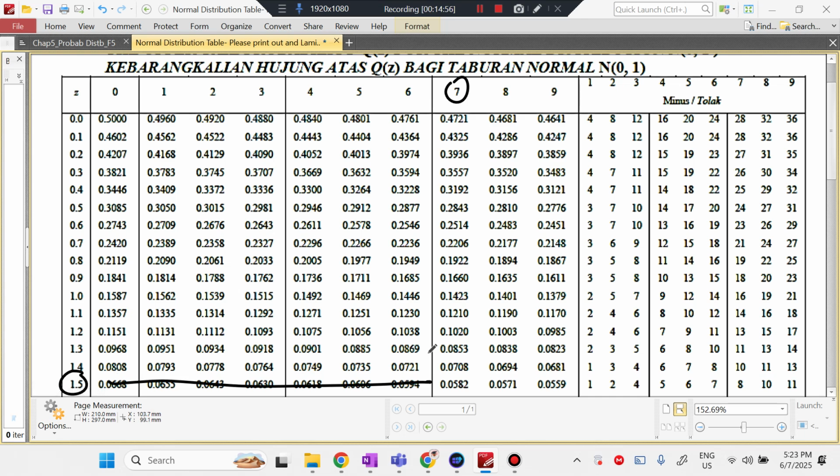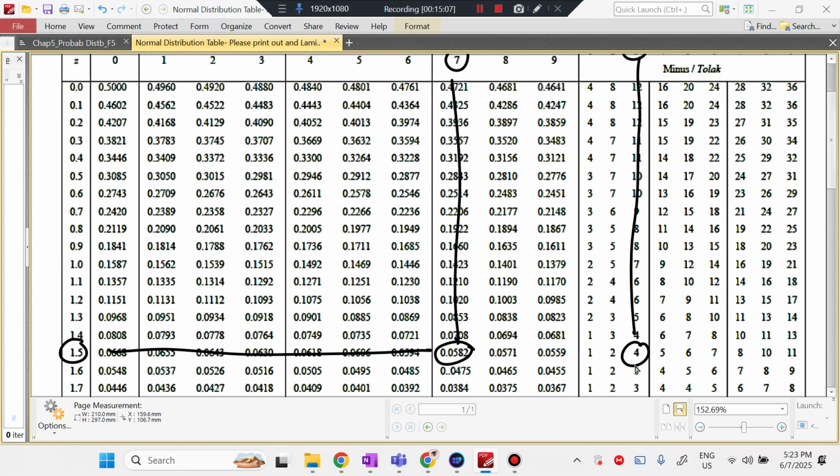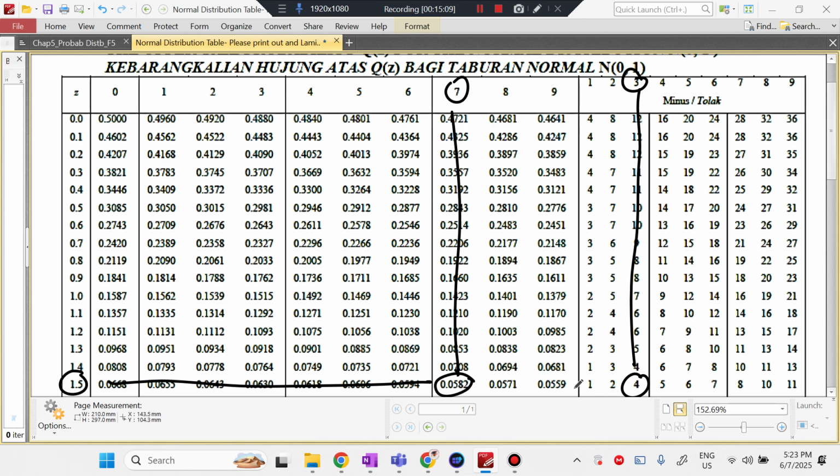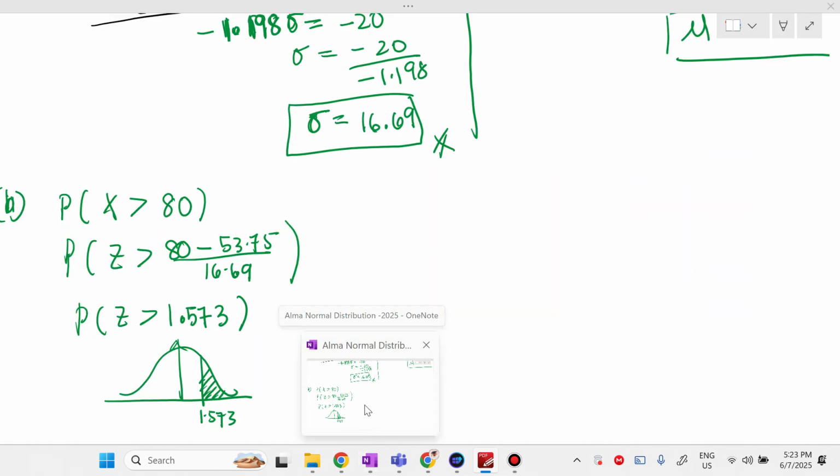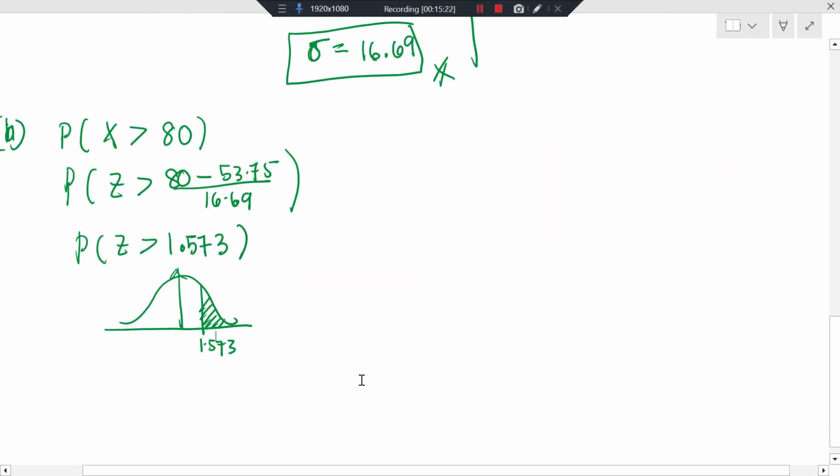Okay, 1.57 and 3. 3 means you need to minus 4. In some schools, their teacher asks them to show the minus of this 4. So actually it is a good way also. So we are going to do that.